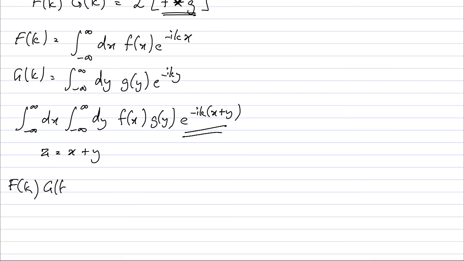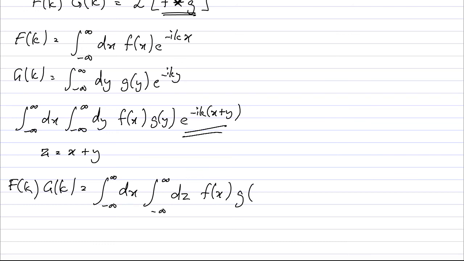So this F of k times G of k, I can write as the integral from minus infinity to plus infinity of dx, and when y is plus infinity, z is plus infinity. When y is minus infinity, z is minus infinity. So I get this. Then I have f of x, and I have g of z minus x, and I have e to the minus i k z. Okay, fine.